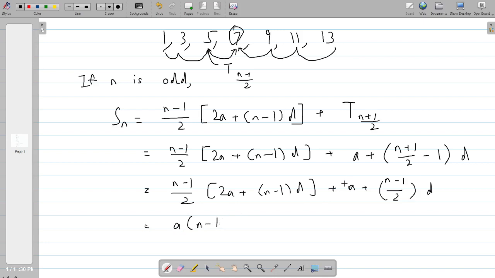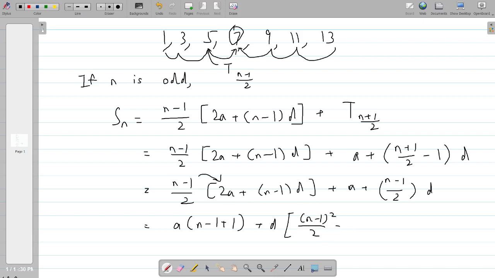All right, so if we simplify this with some algebra, we will see that this is a times (n minus 1), and then we're going to add another a here, so it's actually plus 1. Because if we expand this out, we will notice that the factors of 2 cancel out, so we have a times (n minus 1) left, and then we add an extra a, so it becomes plus 1. And then the d will have a coefficient of (n minus 1) squared, because we multiply n minus 1 twice, over 2.